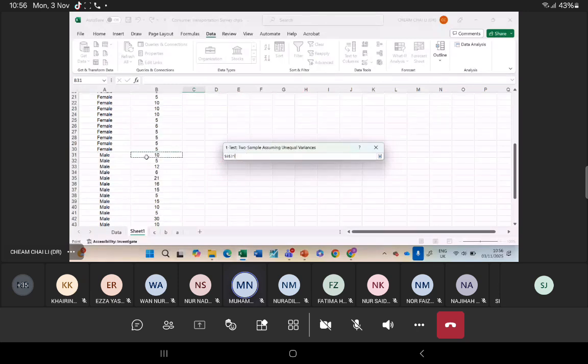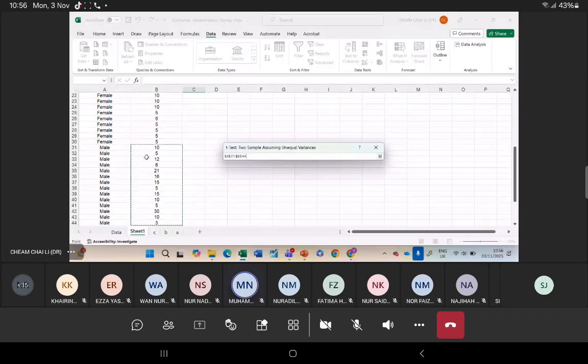So dia punya number of hours for each of the male in the sample, you kena select, right? So you select all the males, number of hours spent per week in the vehicle, right? So yang ni you select. Make sure you dah select semua yang male. Follow?